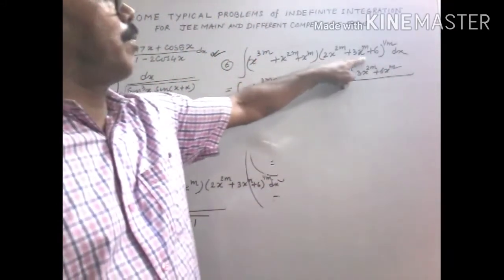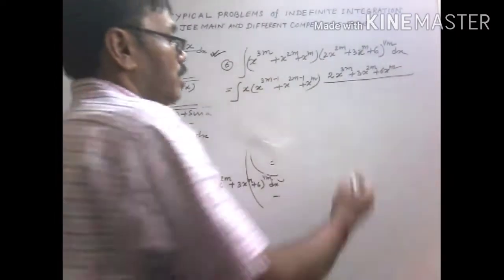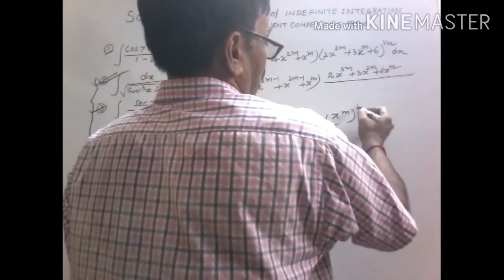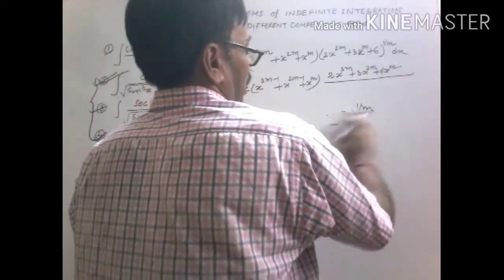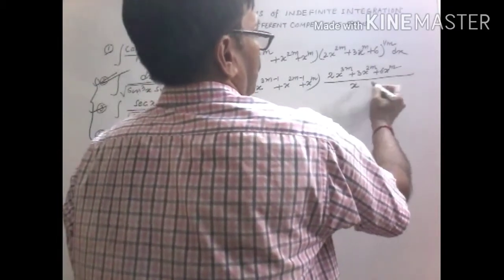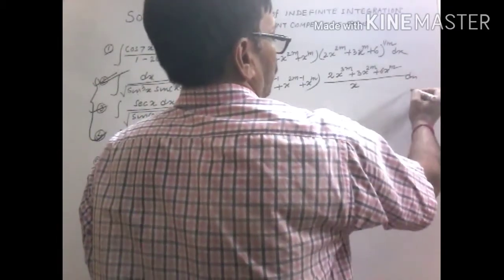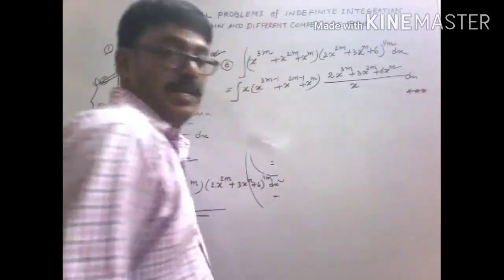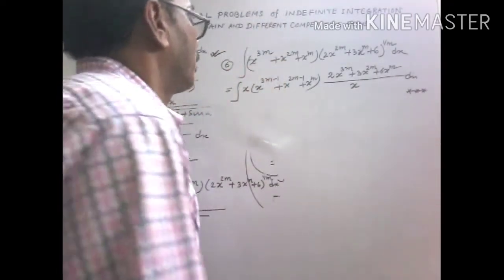We are multiplying it by x to the power m. So x to the power m, power is 1 by m. So actually it is balanced by x. These steps should be noted.